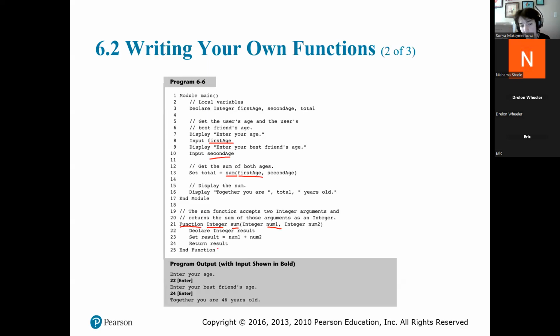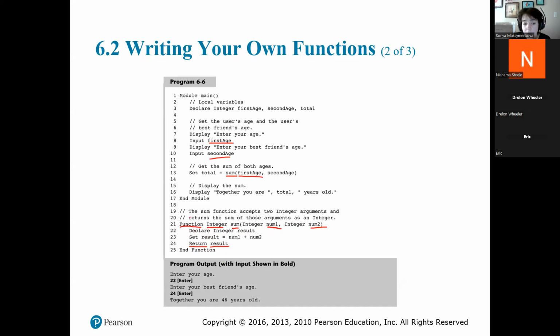What this function will do is declare a local variable called result inside that function, and then set that variable to number 1 plus number 2. Remember our parameters, number 1 and number 2. And this is the main difference: we're going to return something. As you can see, the keyword return, and whatever we want to return, we want to return the result.